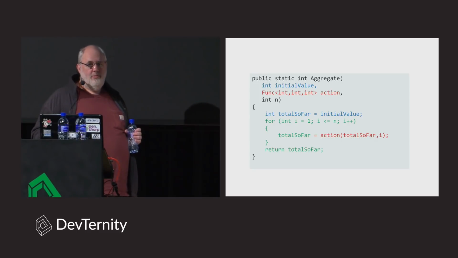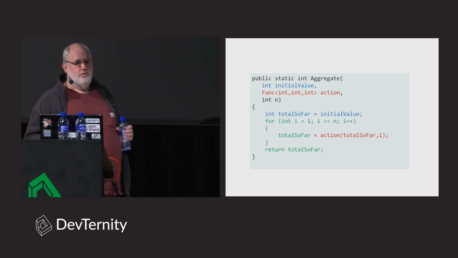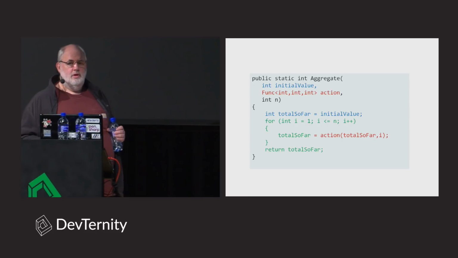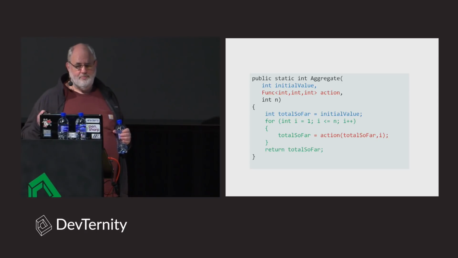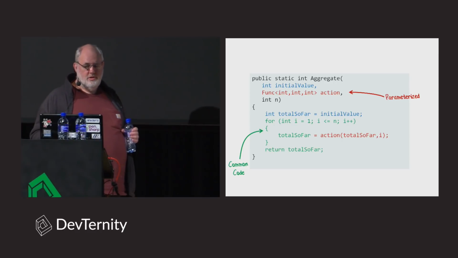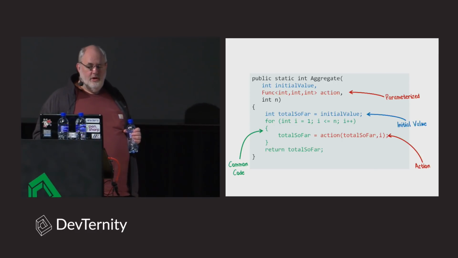The boilerplate has been removed, the looping has been removed, and we can focus on the initial value and the action. These are the things we actually care about when we're looking at the code. This is a nice function to have built in. It's actually built into the C# LINQ library. Very nice. So there's the parameterized, there's the common code, the initial value, and the action. Parameterizing things makes things look a lot nicer.